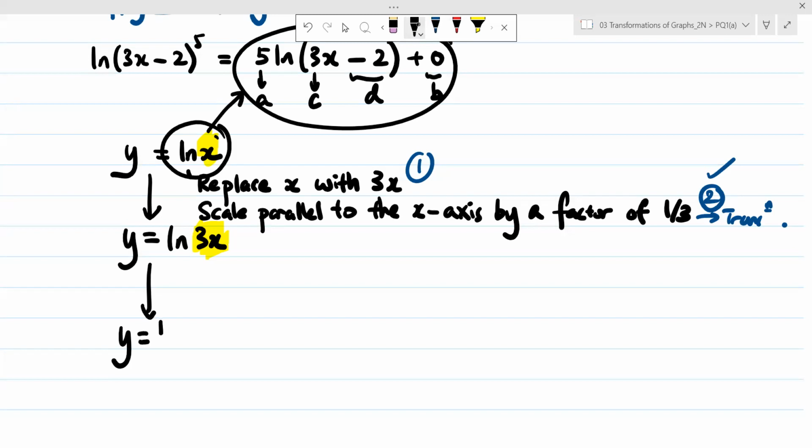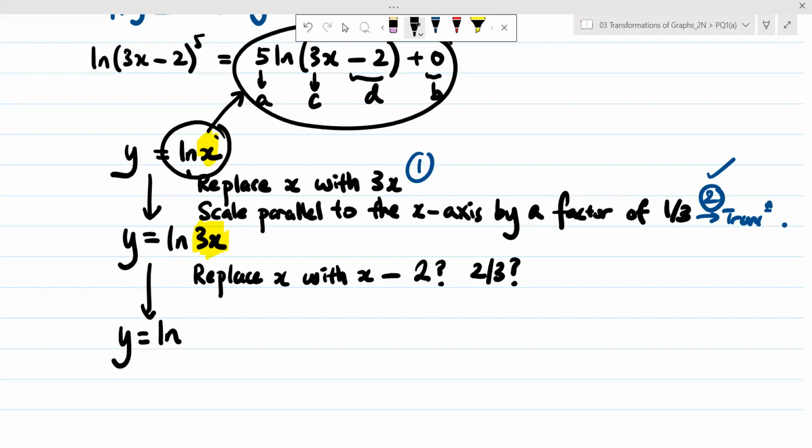Y equals ln(3x - 2). So 3x - 2 is replaced by what? Which is it? 2/3.